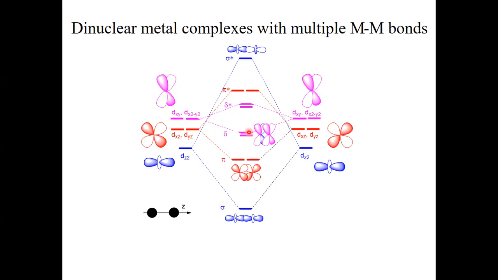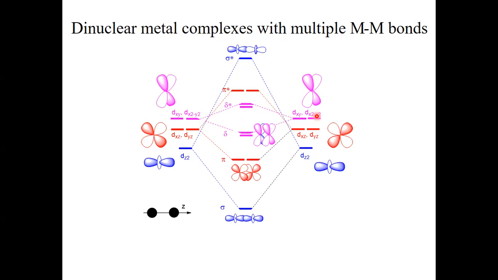The reason for this is that the dx squared minus y squared orbitals are usually unavailable to make metal-metal interactions, because they make very strong interactions with the ligands.